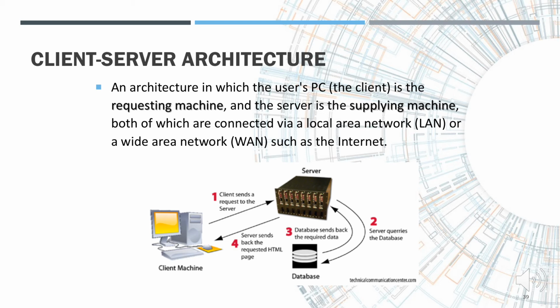So a client is the request machine. The conclusion: the concept is that the client is a request machine, and the server supplies the data, the content, to the client. If anything happens with the server, the client can't access the data from the server.